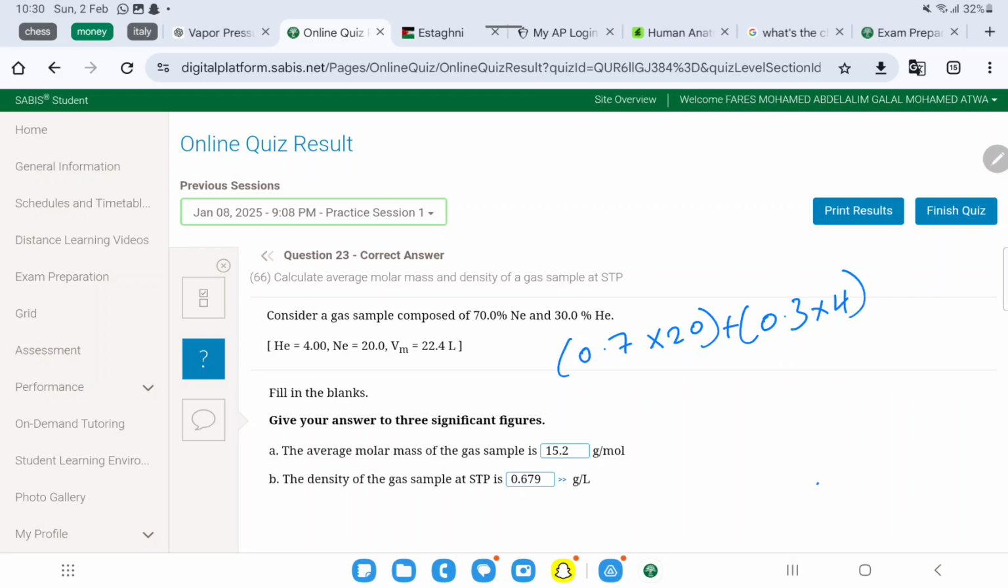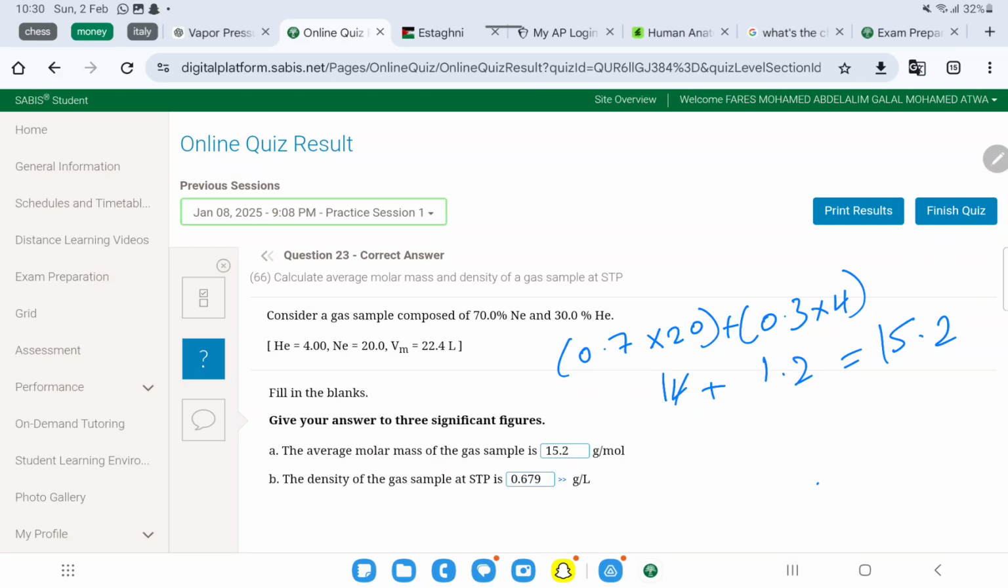Plus between them, you get 0.7 times 20, 14, plus 0.3 times 4, 1.2, and you get 15.2.